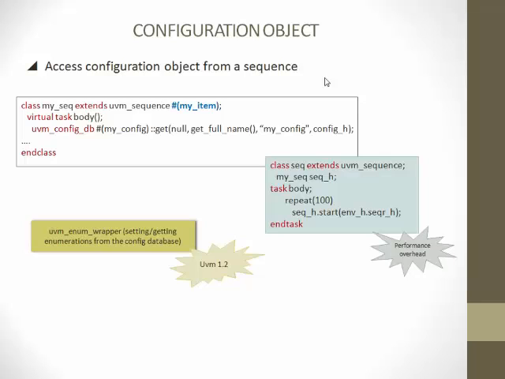With respect to the configuration object, we have a UVM enum wrapper that has been added. Earlier in UVM 1.1, we could never initialize the enumerations through the configuration object. But with UVM enum wrapper, you can actually initialize them through the configuration object.